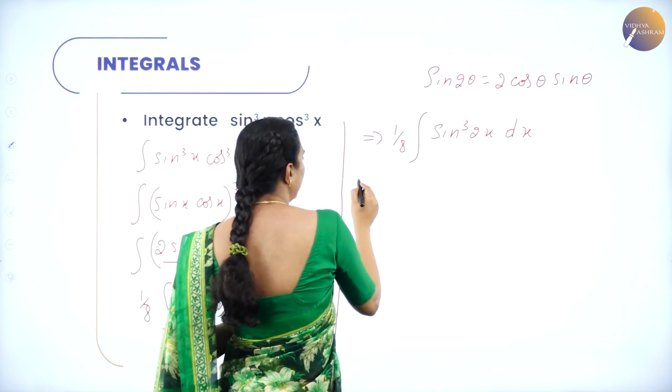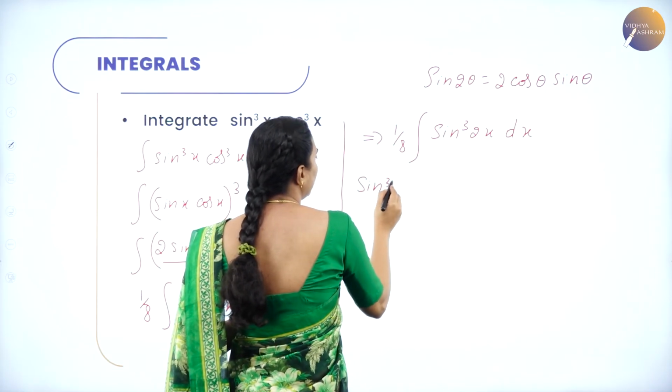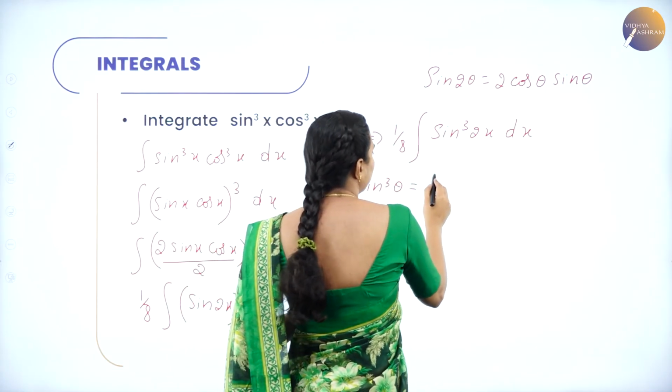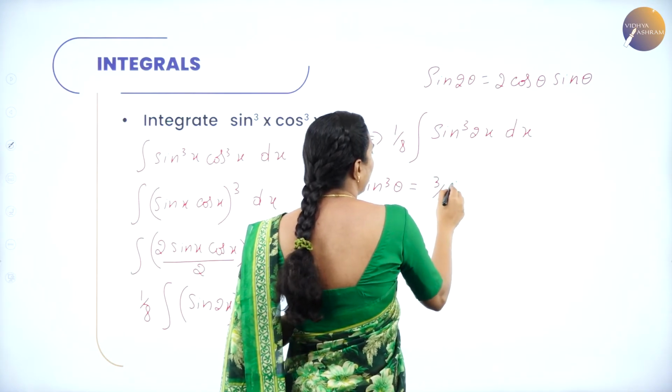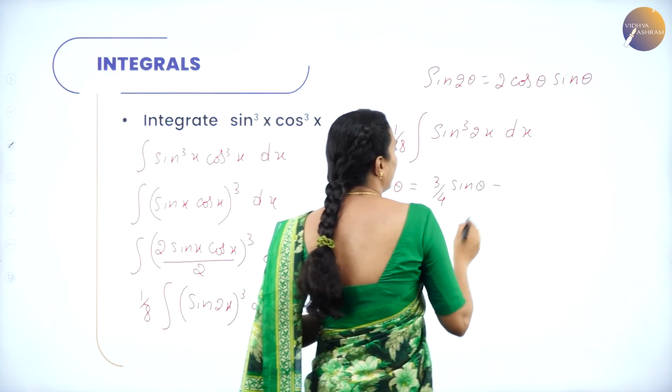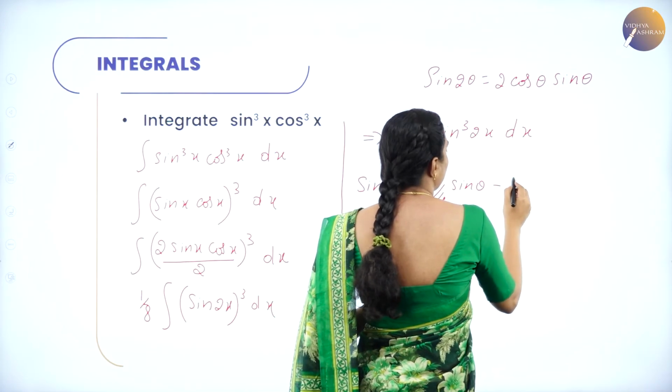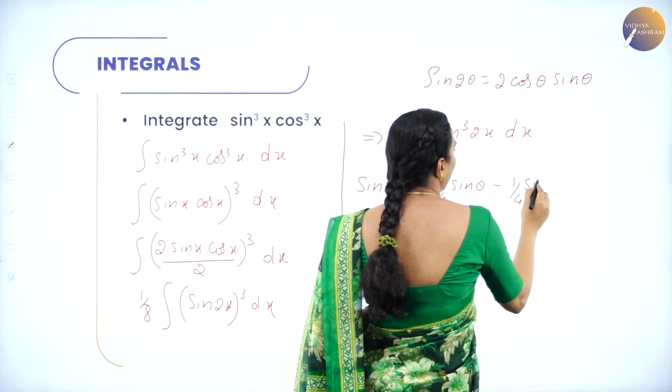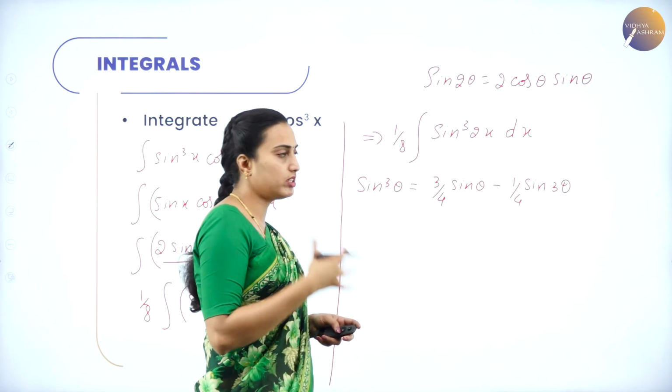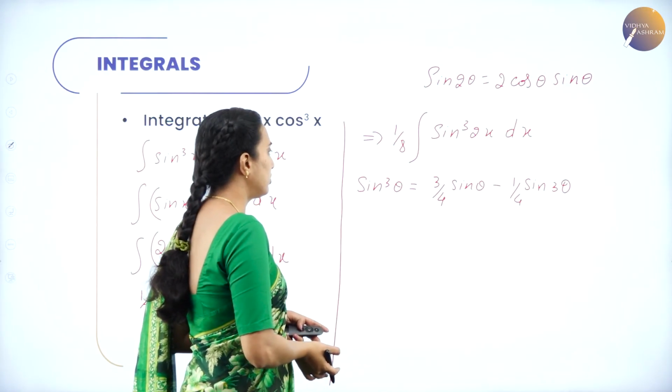You know already sin cube theta can be written as 3 by 4 into sin theta minus 1 by 4 into sin 3 theta. Just now we have done this in the last case, dear students, right?